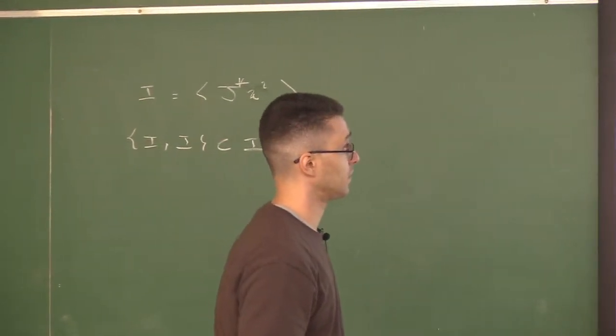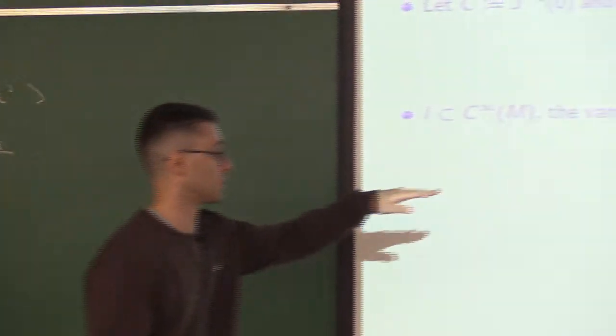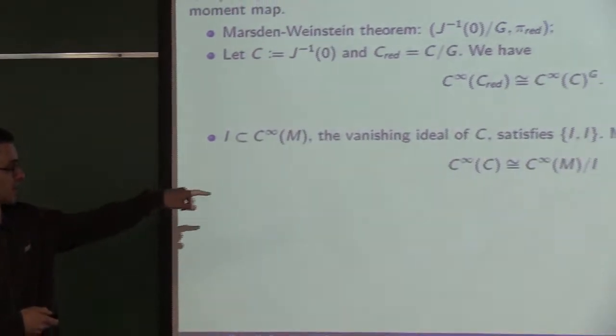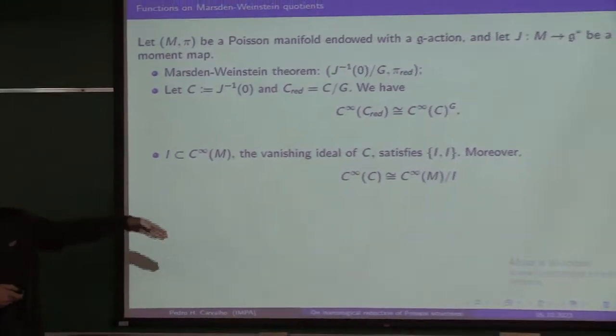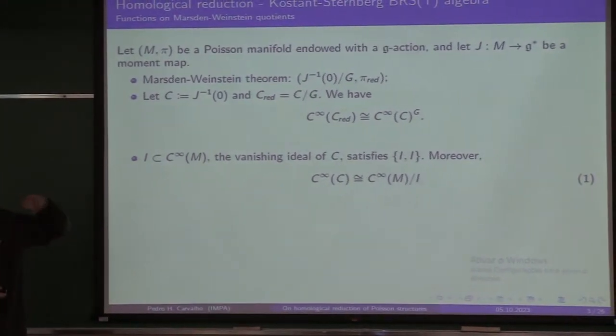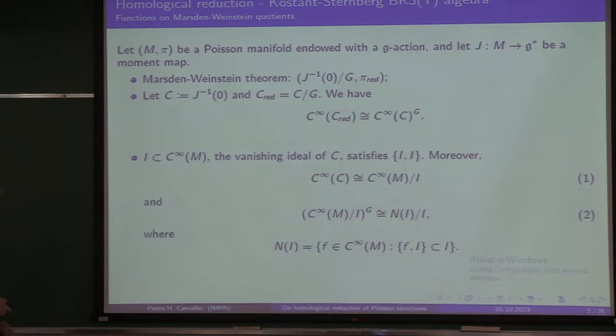Functions on the constraint manifold are the same as taking the quotient by this vanishing ideal, right? And the invariant functions happen to be isomorphic to this thing called the normalizer, which is defined here. It is essentially all the functions that, when you take the bracket with the generators of I, you are in I again. So these invariant functions can be identified with this.